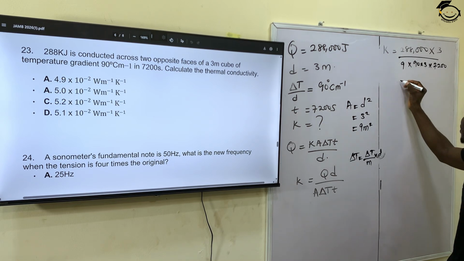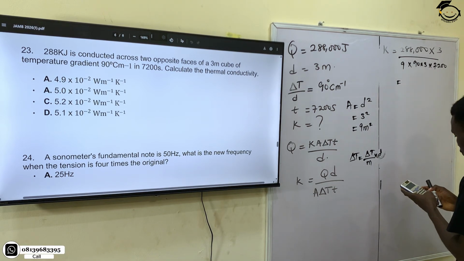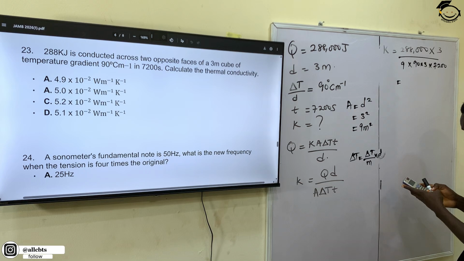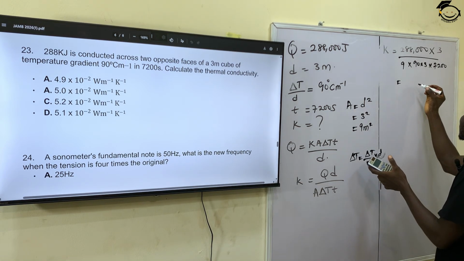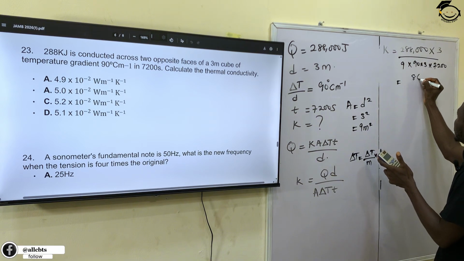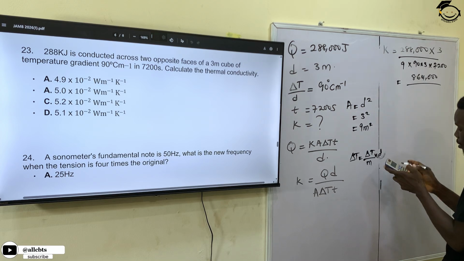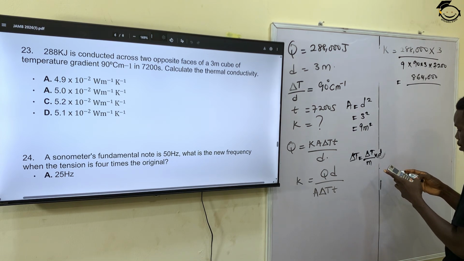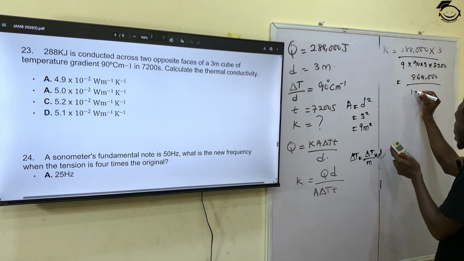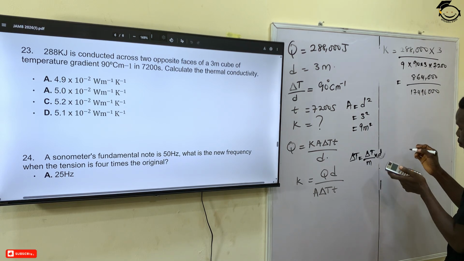So if I multiply, I have 288,000 times 3, which will give me 864,000, divided by 9 times 270 times 7,200. That will give me 174,960,000.